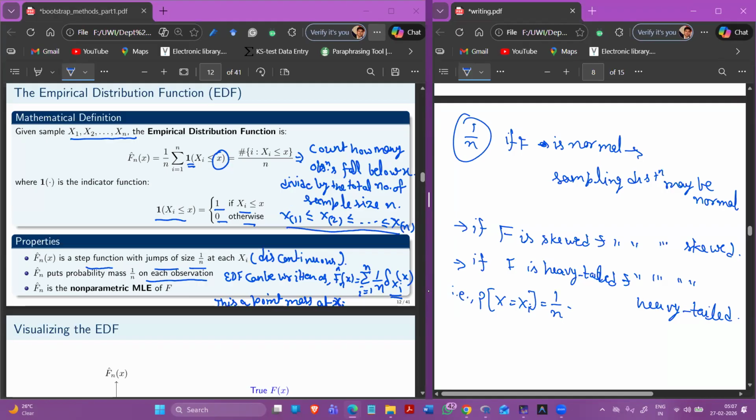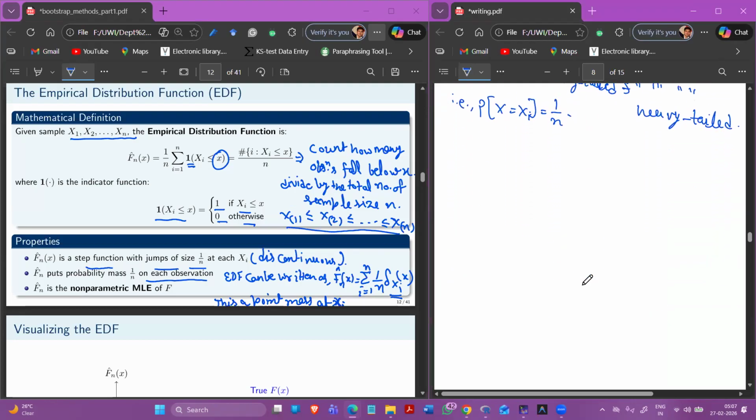So how will we define this point? Fn cap x follows the property of unbiasedness. So what is it basically? The expectation of Fn cap x is equal to Fx, not Fnx, Fx, the population CDF.